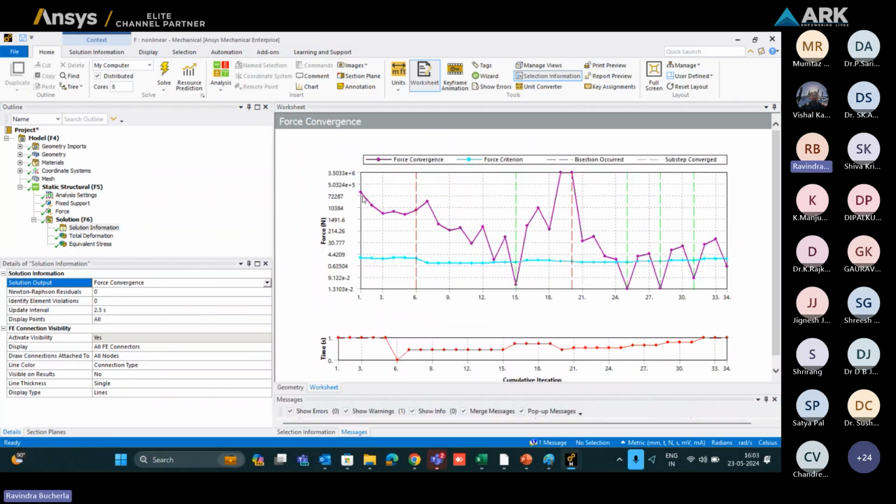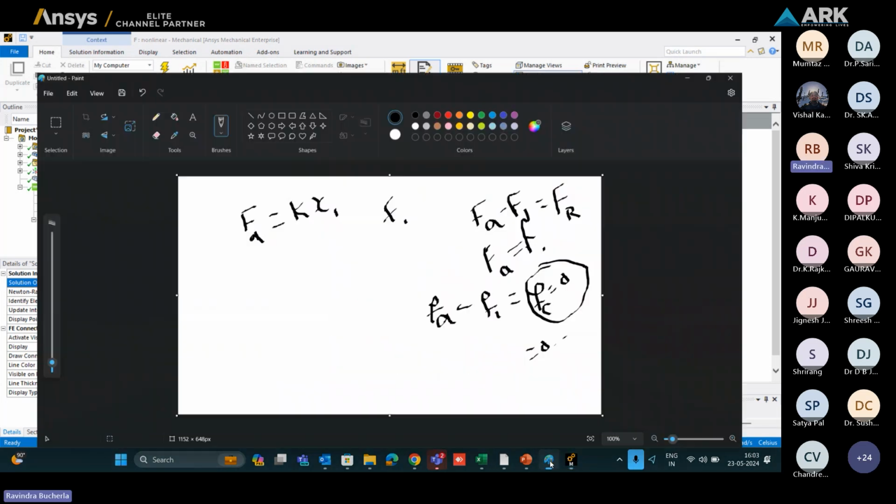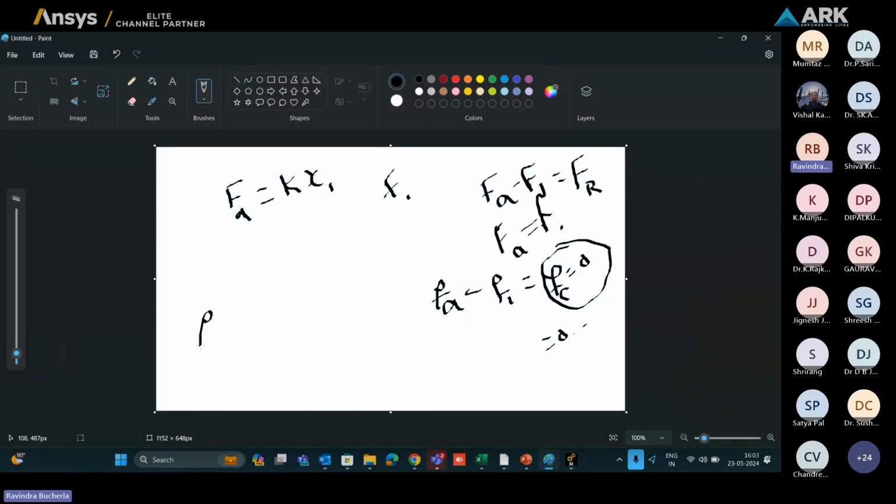You can see when this force convergence, the force applied minus the reaction force that we are getting, is less than or equal to the force criteria, that means the solution is converged.